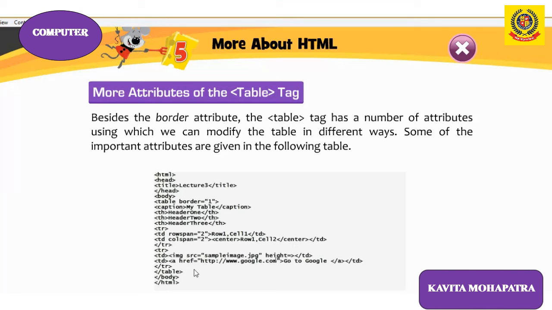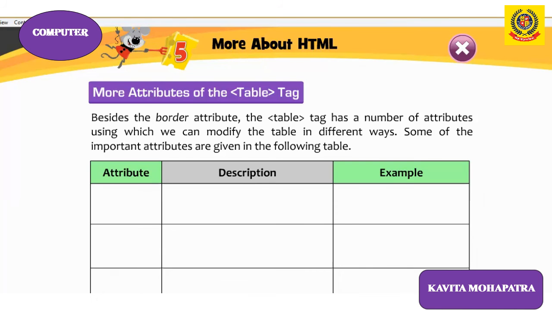Now td image, tr close, then td image src. Src stands for source, from where you are getting the image. You have to specify the path here. Then height equal to, td, href anchor tag, then http google.com. Go to Google to get the picture.